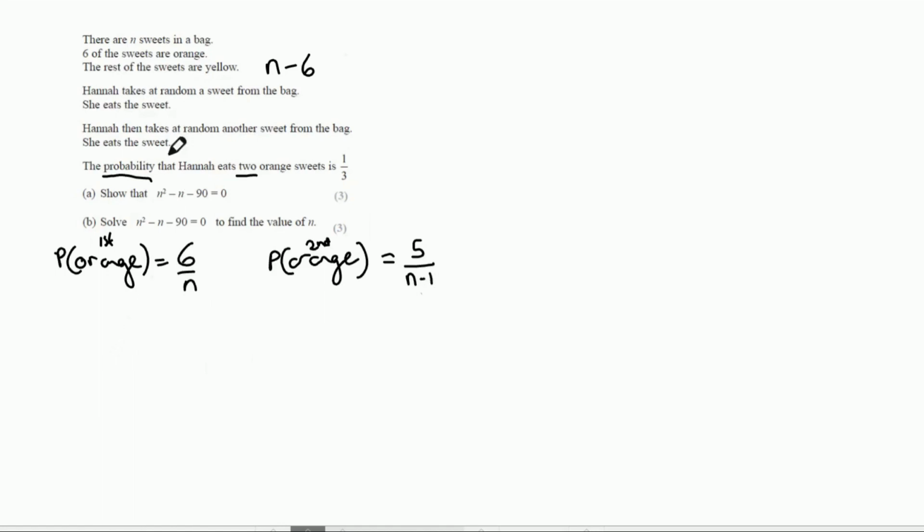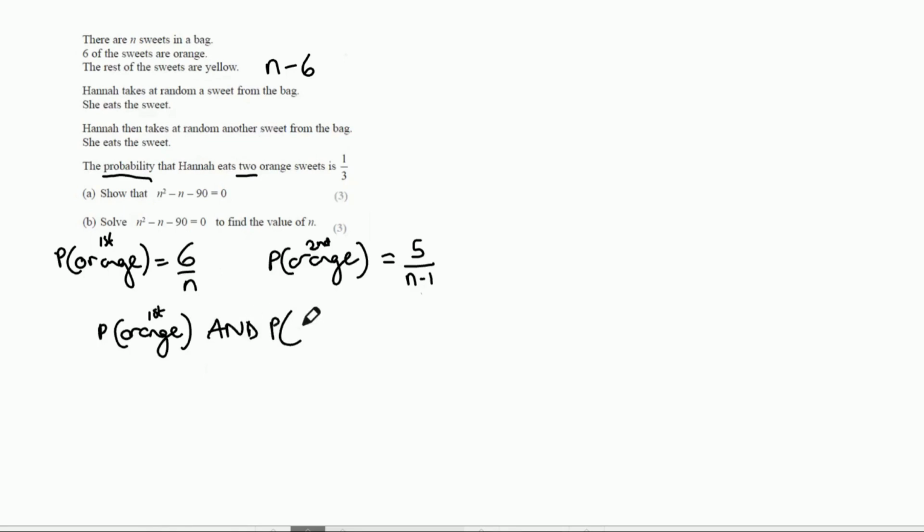Now, if we are told a numerical value of the probability of Hannah eating 2 orange sweets, how do we get that answer? For that, we need to think about the and rule. We have a rule for and a rule for or in probability.